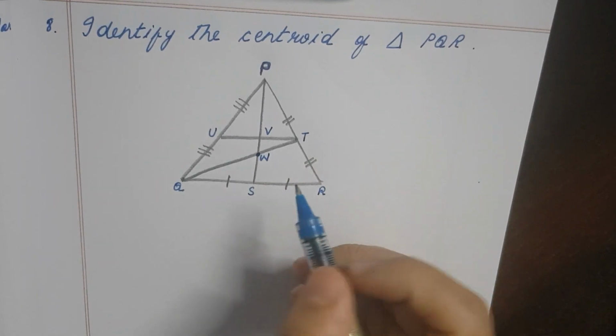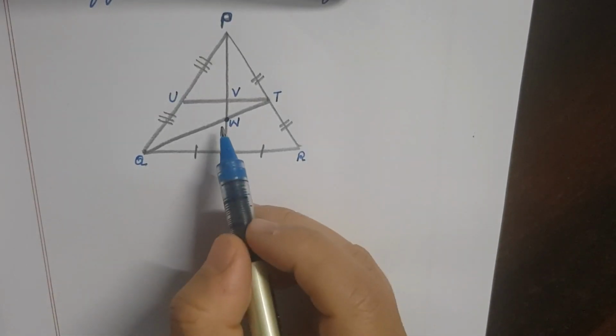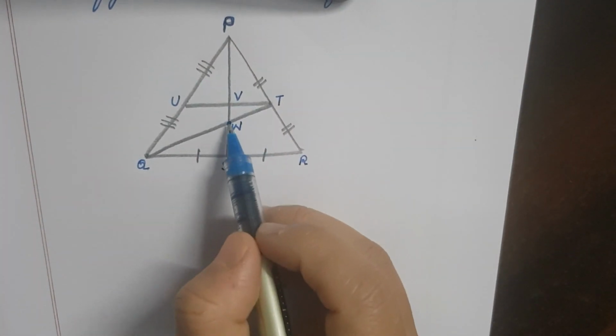Centroid is the point of concurrency, the lines passing through a common point.